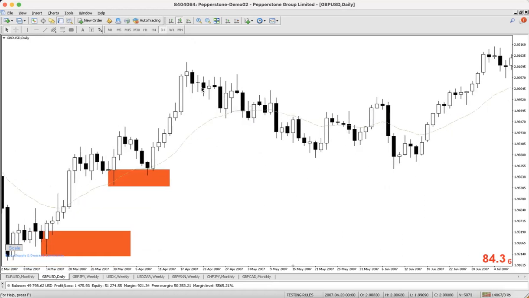So now let's see the peaks, which we call supply. A nice V here, you draw, price will come back, test the area, fall. It made another nice V here. Look, price tested here, and then it fell, right? So which means these are winning trades, guys. These are winning trades.